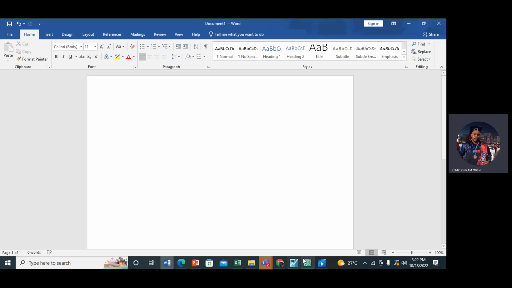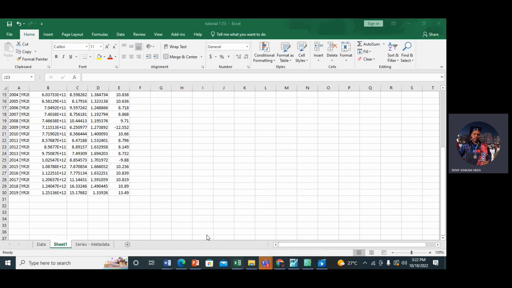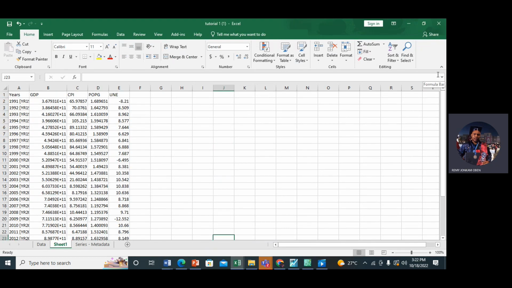So in your assignment I'm going to provide you with data like this, time series data, not cross-sectional. Or, I'm not going to provide you with data. I want you to download the data yourself. In the first class, I showed you how to download data from World Bank. You transpose the data on Excel and you import it to EViews.